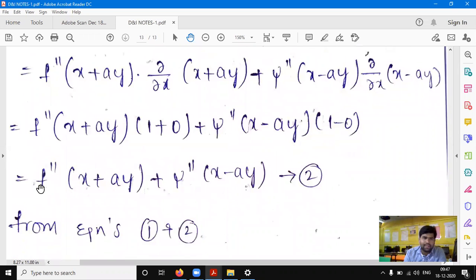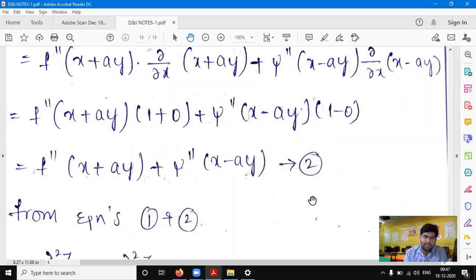So ∂²z/∂x² equals f''(x + ay) + ψ''(x − ay). This is equation number 2.